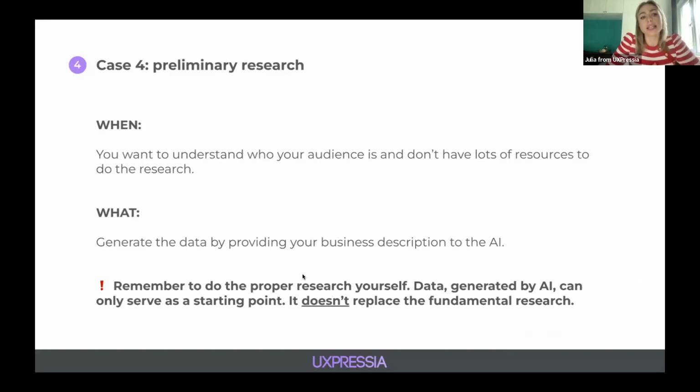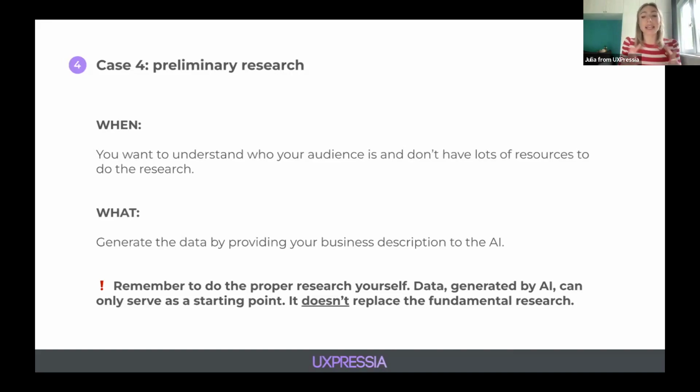The next case here is using AI for preliminary research. So if you'd like to understand your audience, but you have really limited resources for the research, you can use AI.